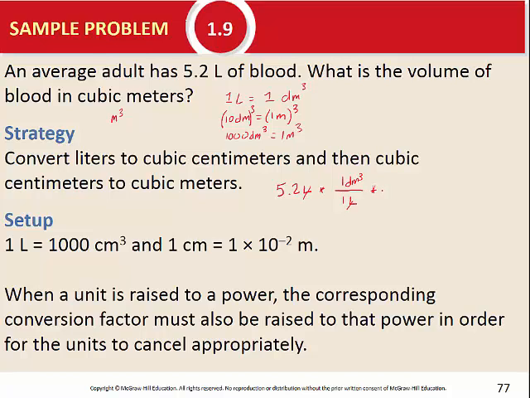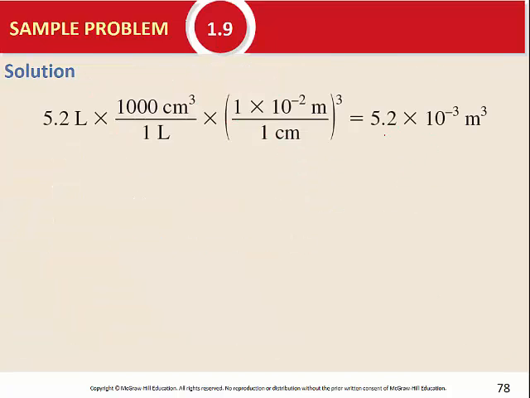Second factor, 1 meter cubed is equal to 1,000 decimeters cubed. Decimeters cubed cancels. So I have 5.2 times 1 times 1 divided by 1 divided by 1,000. So 5.2 divided by 1,000, and our final unit will be meters cubed. It's the only thing that didn't cancel. Would give us 5.2 times 10 to the negative third. Once it's written in significant figures, meters cubed.